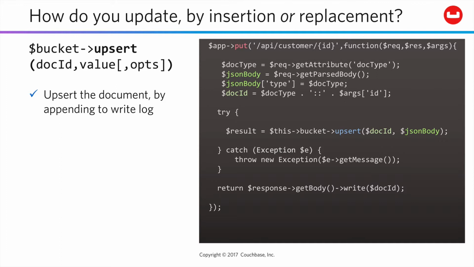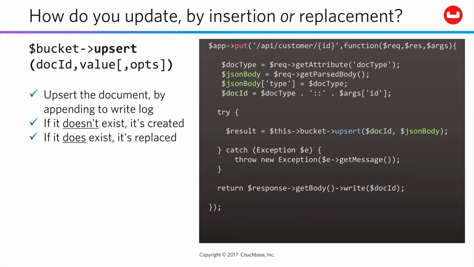This also simply appends to the write log. The difference is that in this case, if it doesn't exist, it's simply created. If it does exist, it's replaced. What this means is that under the hood, there's simply no key scan happening before the value is appended to the write log, meaning upserts are extremely fast for ingestion.